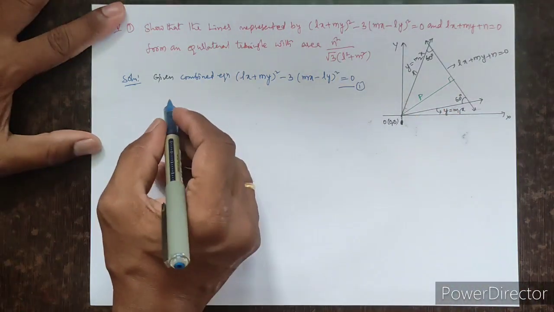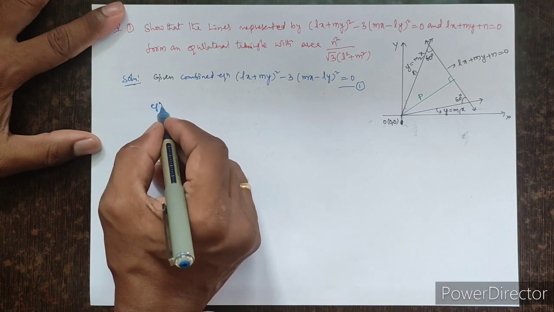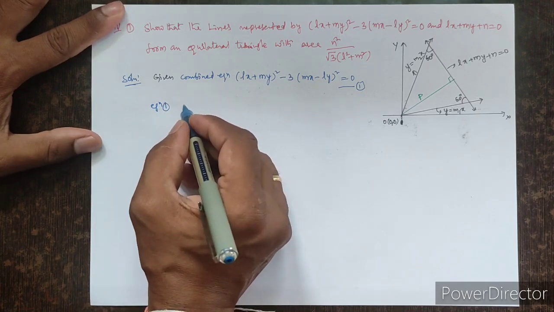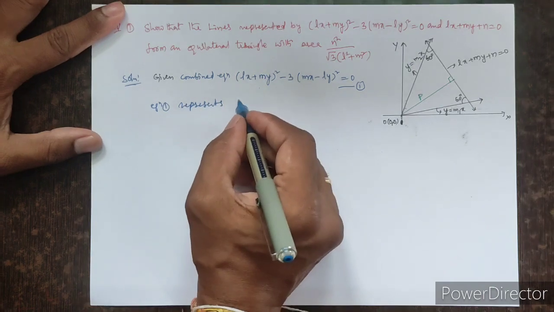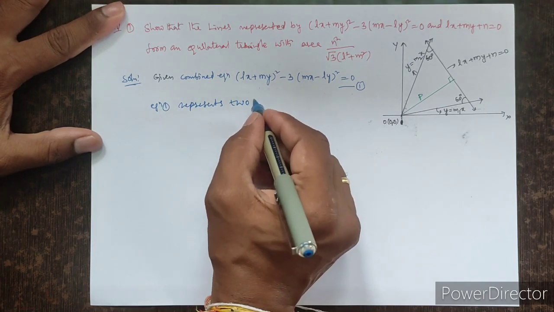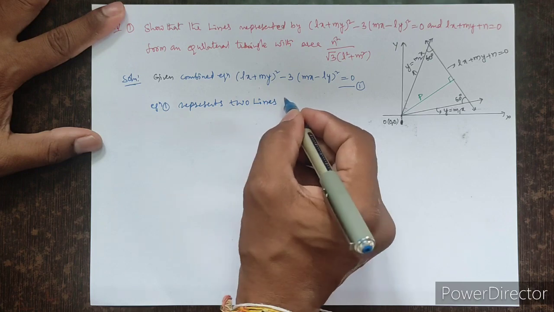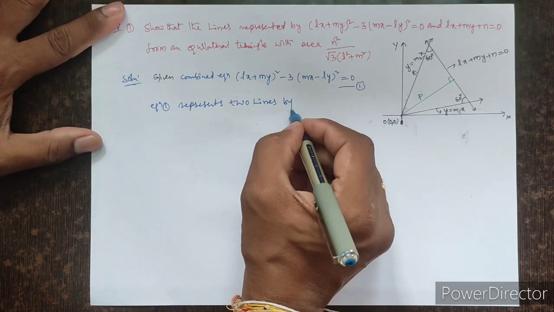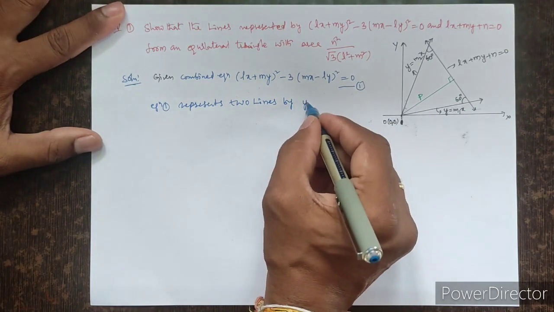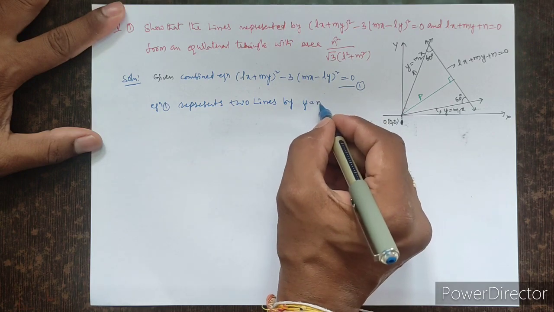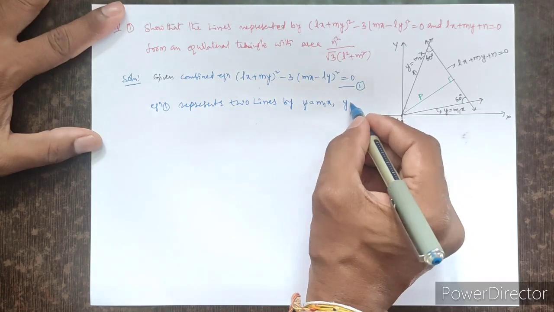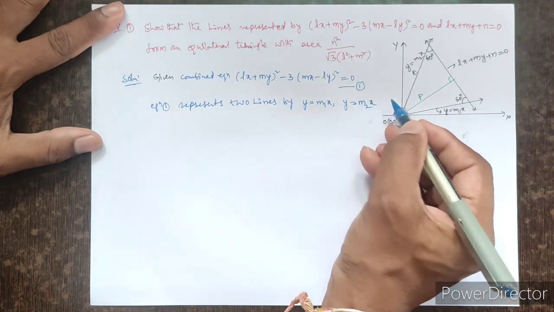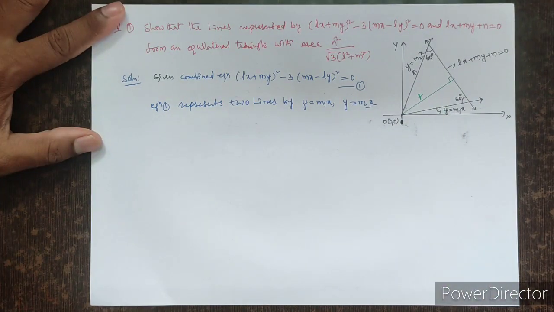Let equation 1 represent two lines: y equal to m1x, second line y equal to m2x.